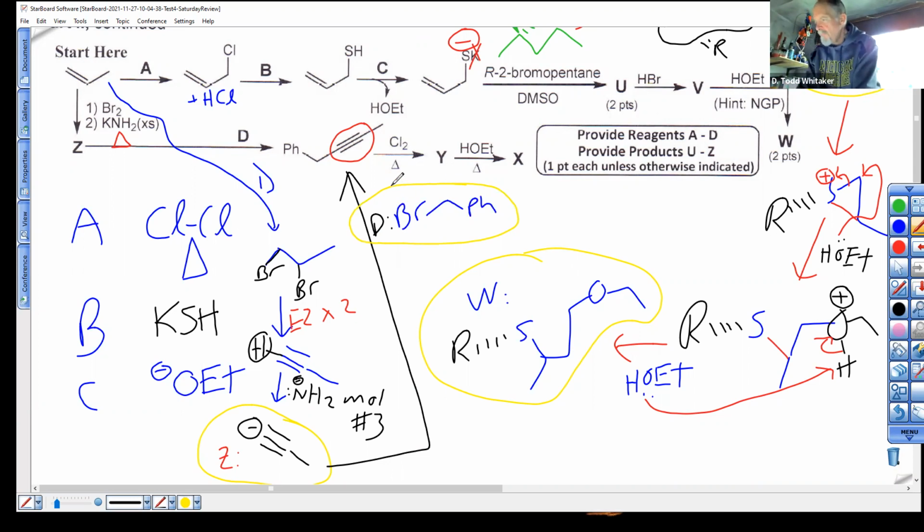And what about Cl2 and heat? You want to make the best radical out of this thing possible. You have these positions here that are the best H's to take. This is benzylic secondary. If you look at your chart, I think 360 kcals per mole to get that, but it's not just benzylic, it's one away from a triple bond.